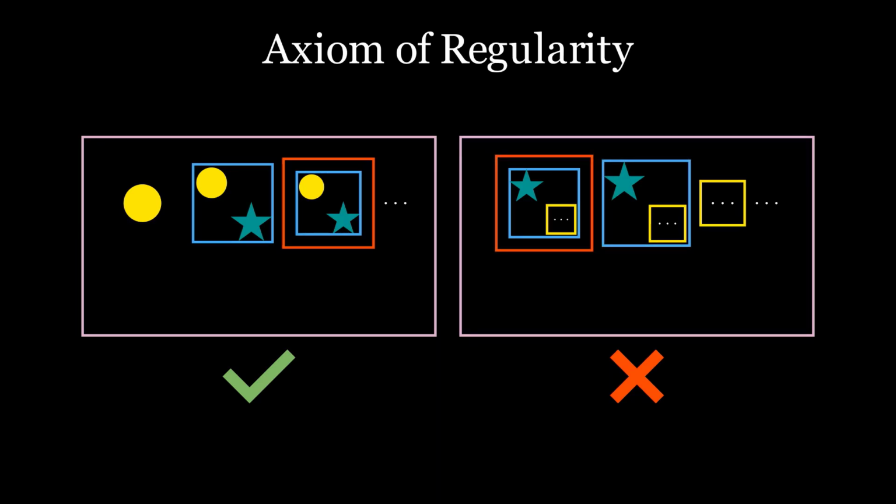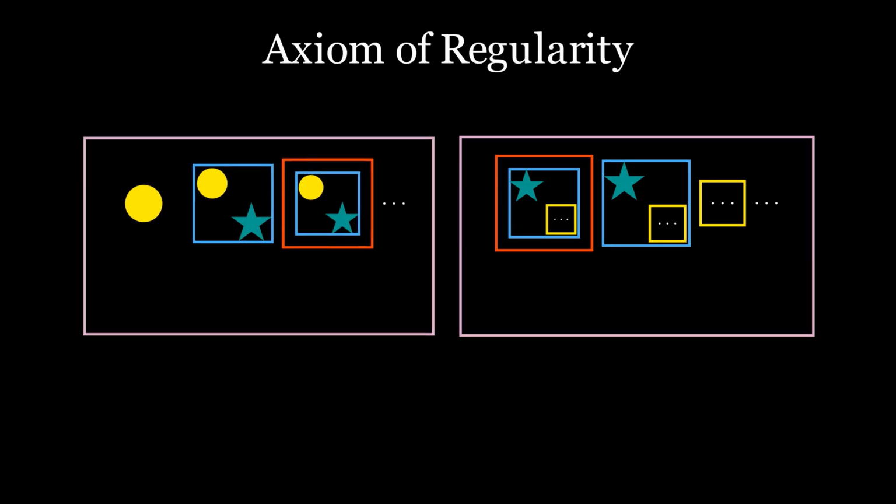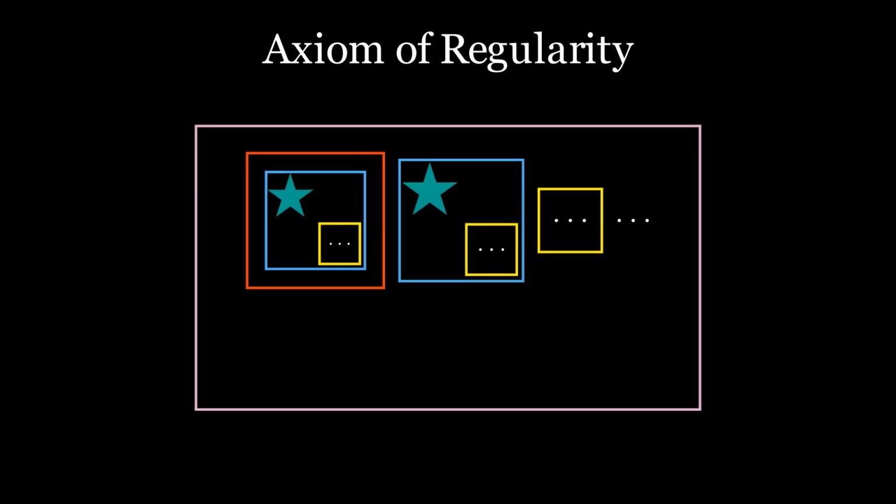So it's a bit stronger than just ruling out chains that loop back on themselves. We rule out infinite chains too. Well, there's a slight caveat to that, which I'll get to shortly. Anyway, this axiom states that every non-empty set has some element where this chain ends, meaning that none of its contents are elements of the larger set.